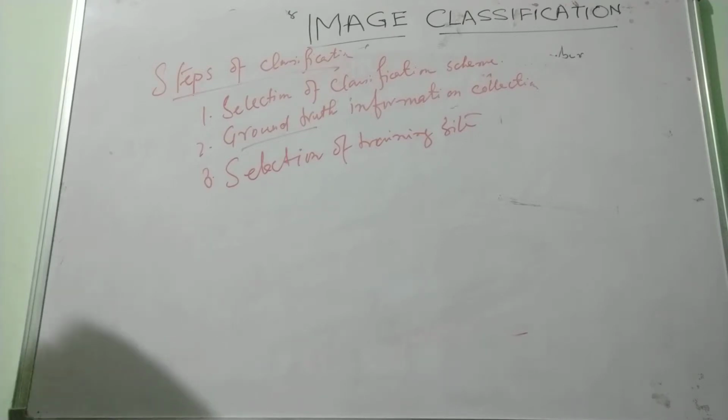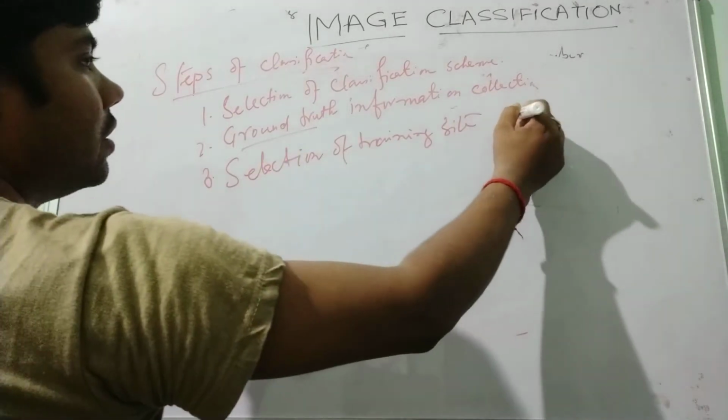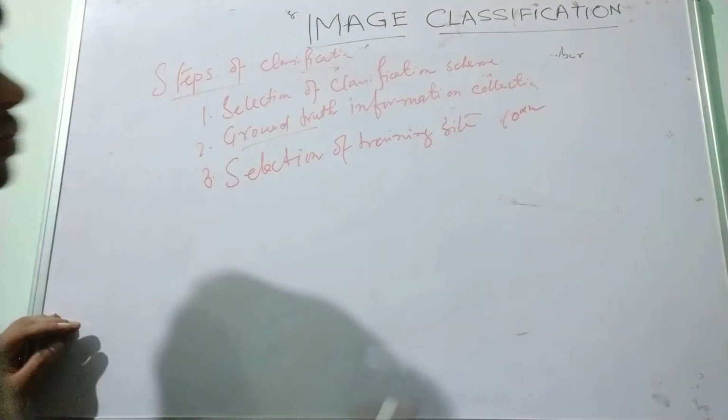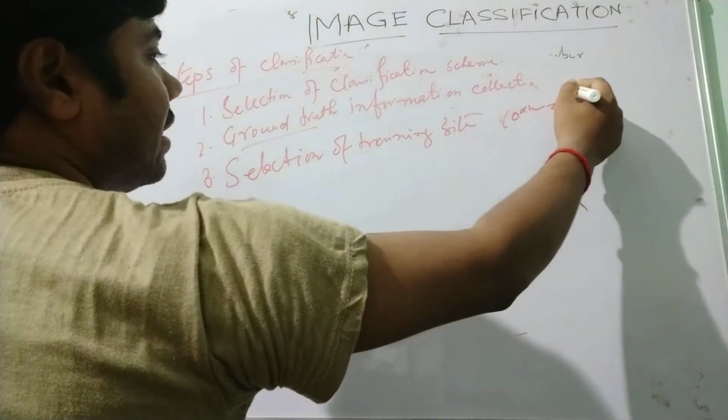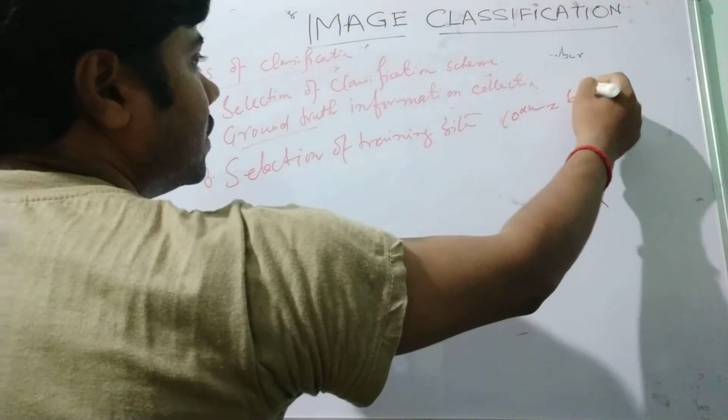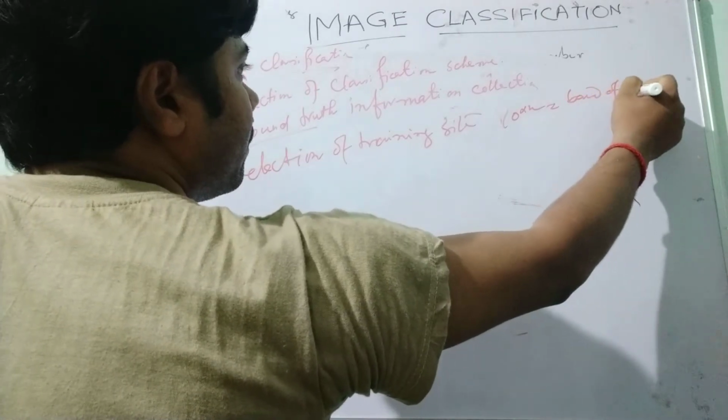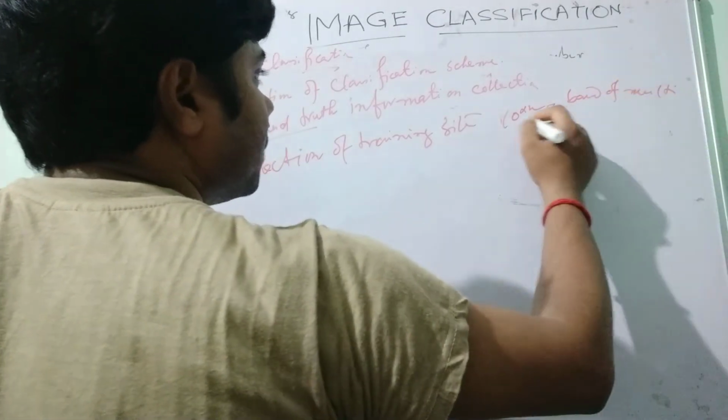Each training set should have 10 times n pixels per classification category, where n indicates the bands of the multispectral image.